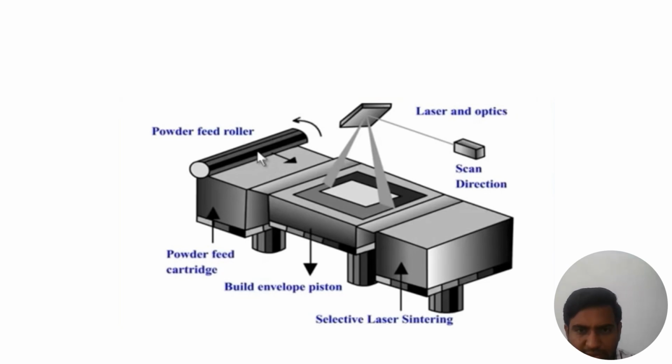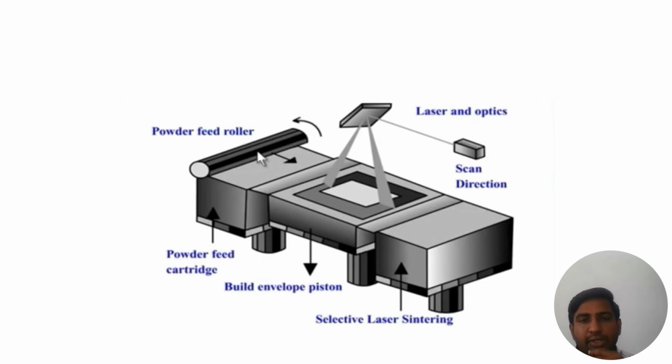This is the unsintered powder collection compartment. Here you can clearly see the arrow mark pointing upward. Here the metal powder is projected upwards. This upward dimension is the layer thickness, which is already given by the slicing process.